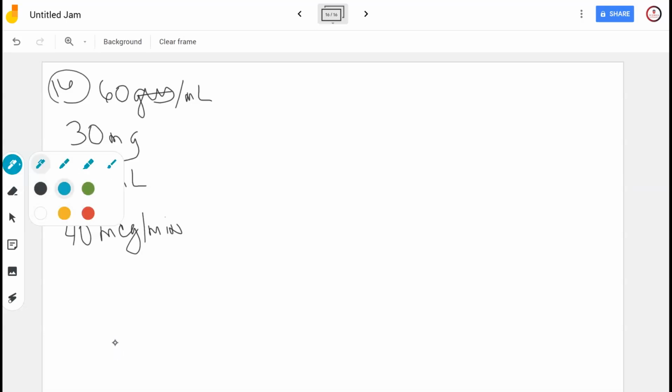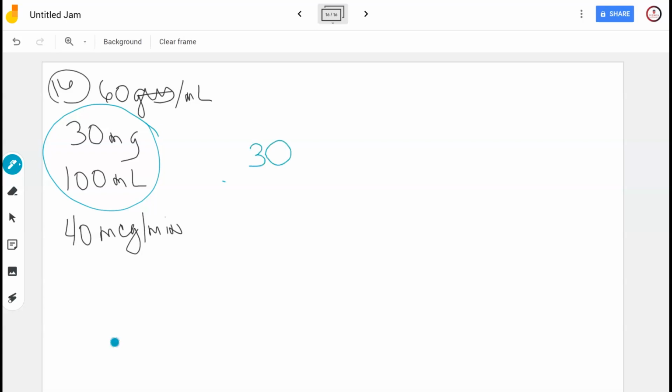But first things first, let's figure out our concentration if we do put 30 into a 100 milliliter bag, right? So you have 30 in 100 milliliters, but you want micrograms, so you're going to move this over. 1, 2, 3. Right, so that's micrograms. Now simplify.